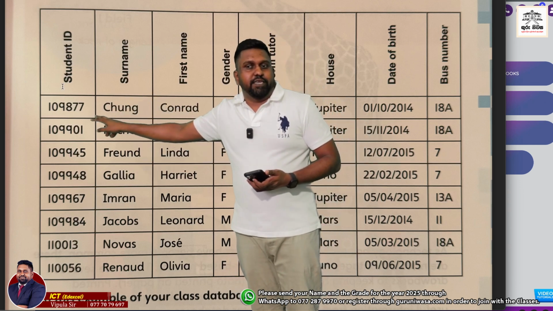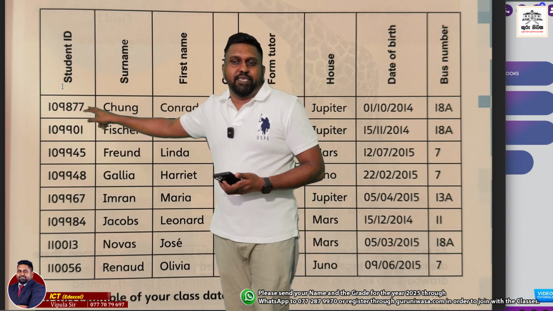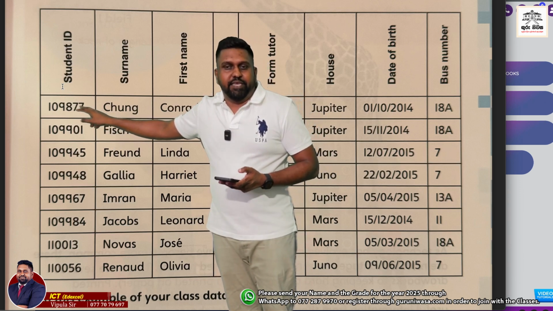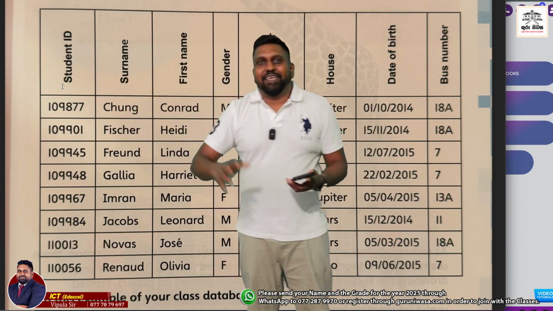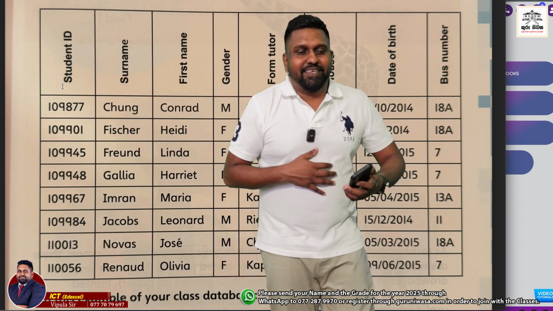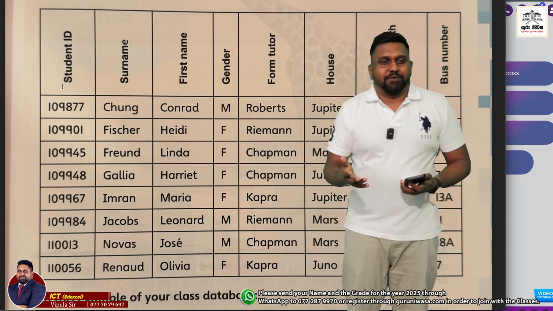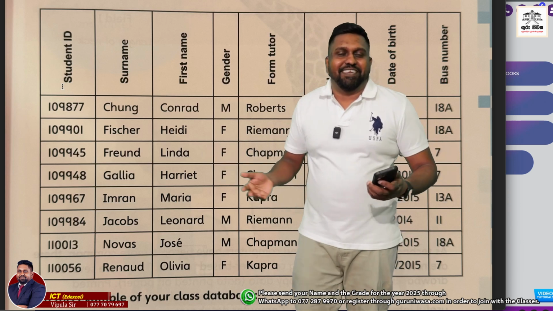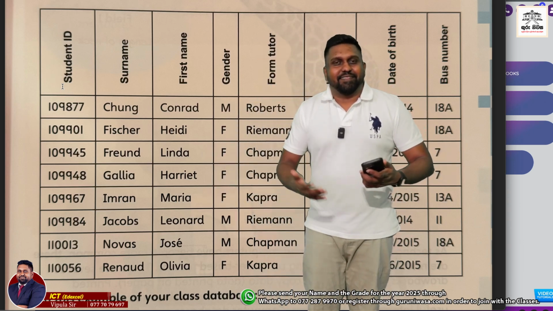This student ID is just a number, you don't have anything in this number. I mean, if you take this as a number, now let's say if I tell you 109,877, you will be like, what is it, right? You won't know what the meaning of that is.